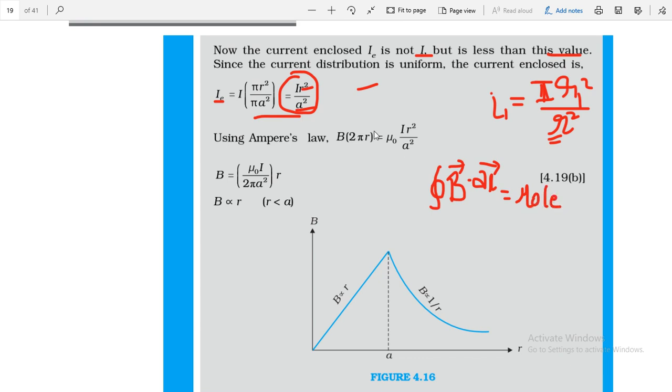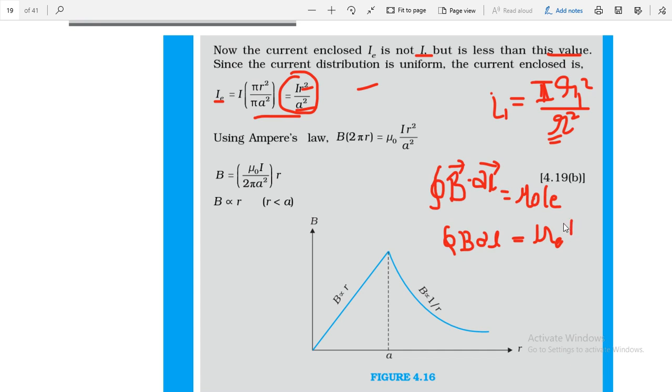Now we will use the value of IE, that is I r square upon a square, and the same thing will be there. So you can write B dl is equal to mu naught, and you can put the value of IE here from this equation.